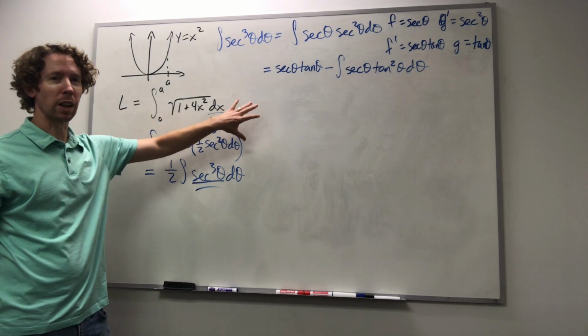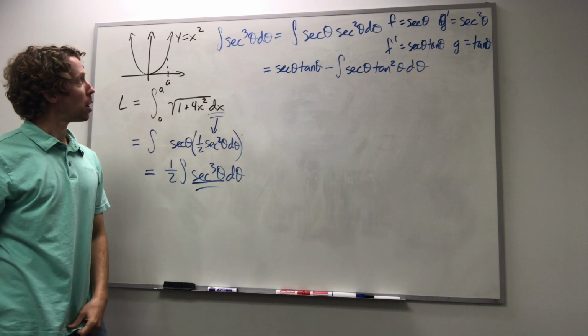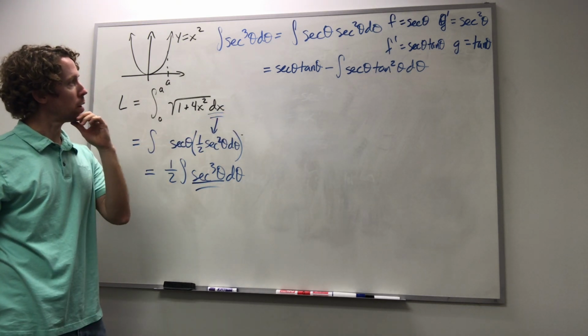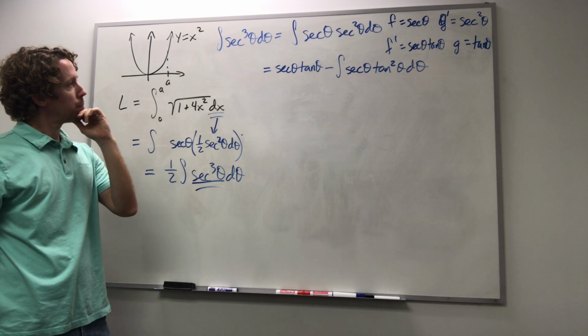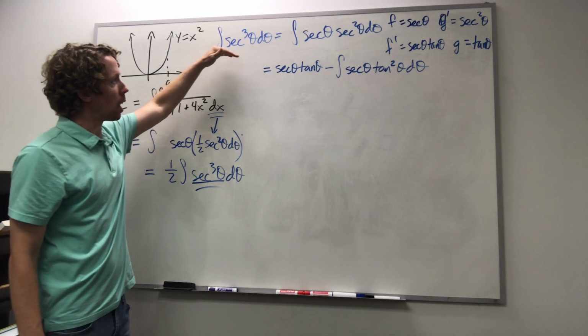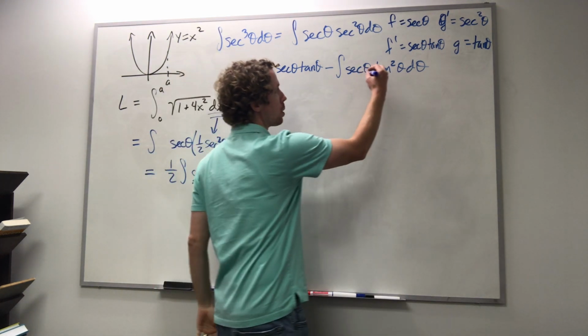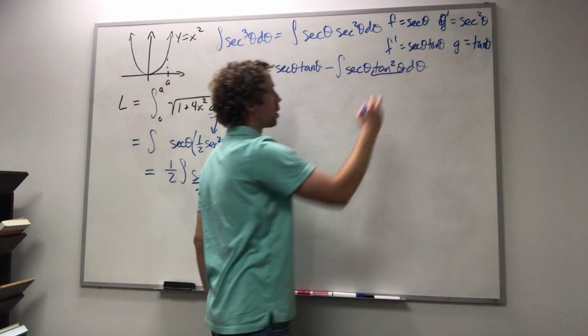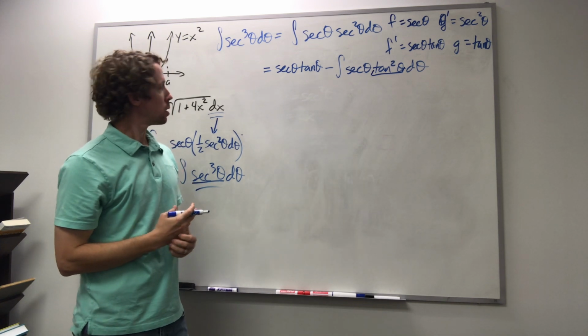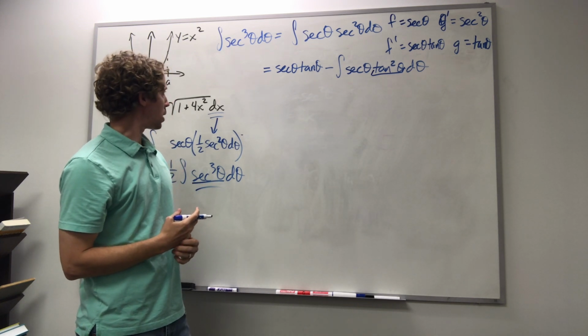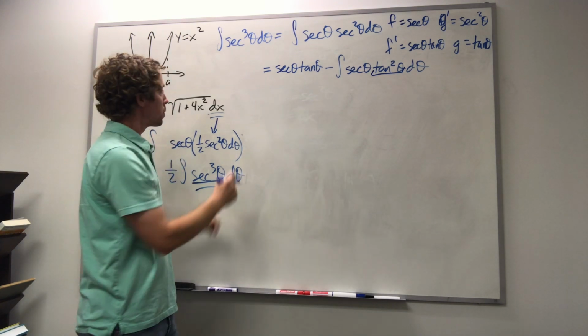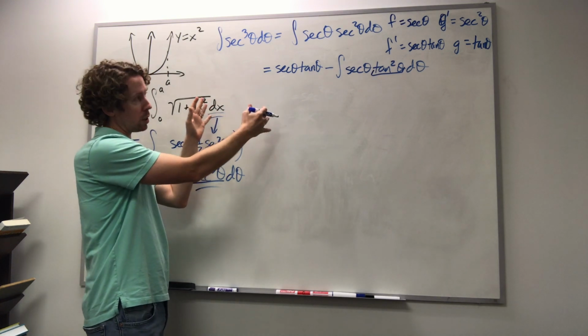I'll need these formulas that I just erased later, but I'll come back to them and write them down again. All right. It looks like I've got something just as complicated now, but remember I can replace tangent squared with, I guess I just had the formula written down. It was 1 plus tangent squared equals secant squared.